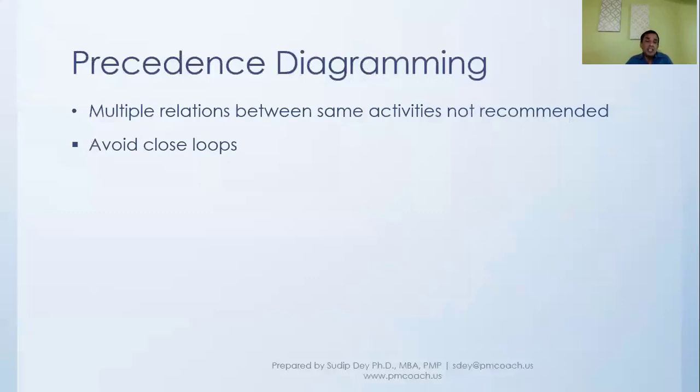And the second thing is, we need to avoid any kind of closed loop. For example, we cannot say that activity B can start after activity A is finished, activity C can start after activity B is finished, and activity A can start only after activity C is finished. Then it is a closed loop, and there will be issues when you are actually developing the schedule.